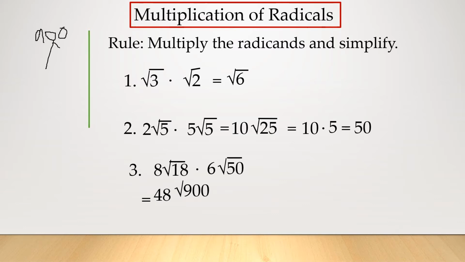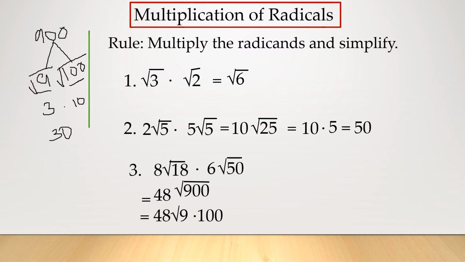So let's say 900 is simply 9 times 100. But we know that 9 is a perfect square and 100 is a perfect square. So square root of 9, that is 3, and square root of 100, that is 10. So you're just going to multiply these two. Therefore, the square root of 900 is 30.